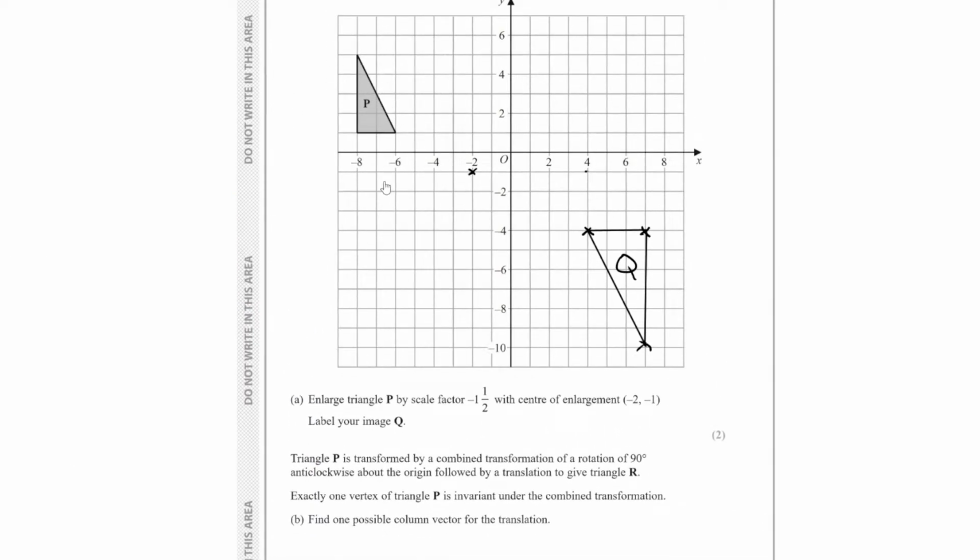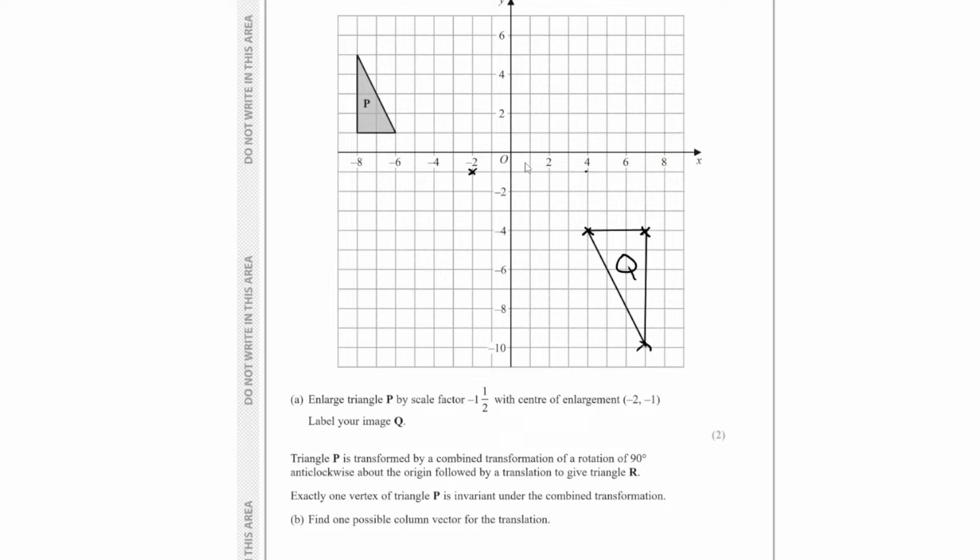We're looking at the original, okay, not the new one, the original. So what I would do is probably plot out that rotation. Now, in the exam, you should have tracing paper. I obviously don't have digital tracing paper, but you would use your tracing paper, right? It says rotation about the origin, which is obviously here. So you would put your tracing paper over it, draw it, put your pen on the origin and rotate it in the correct direction.